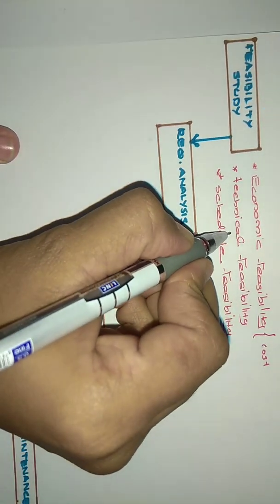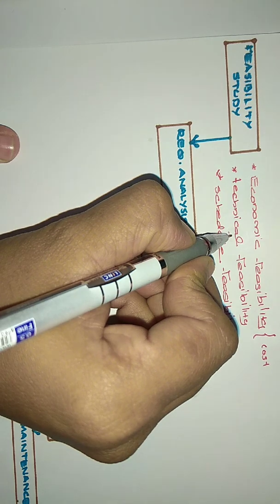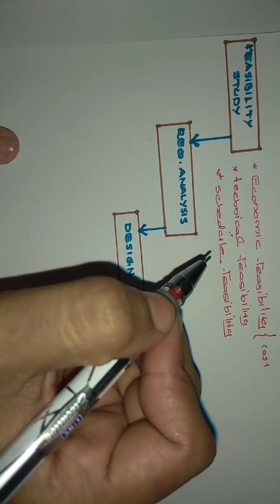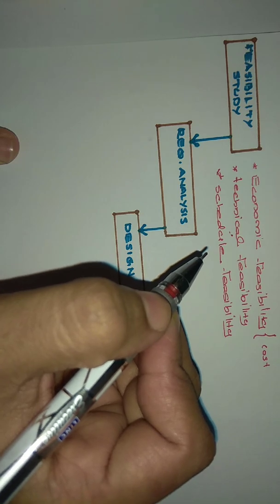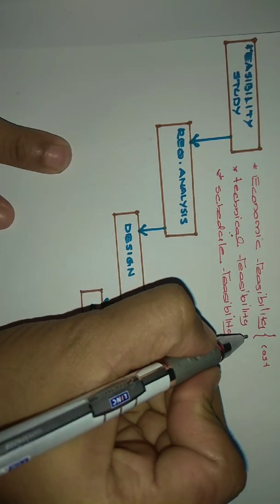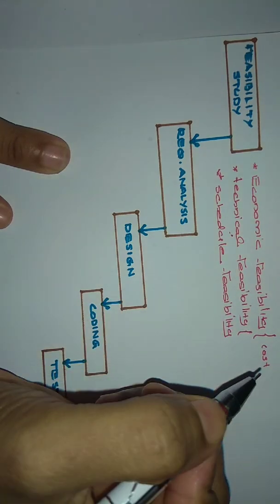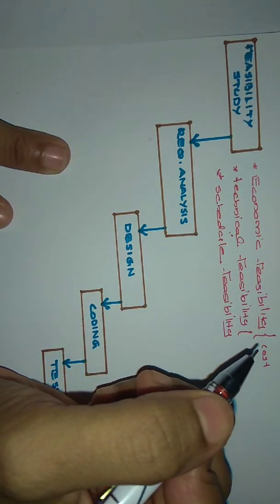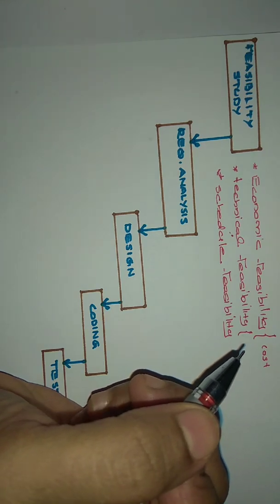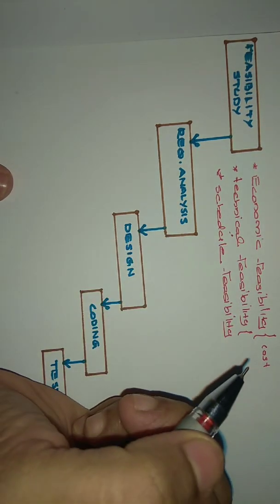Next, technical feasibility. It means whether the developing organization has the technical competence required to develop the software. That is technical feasibility.